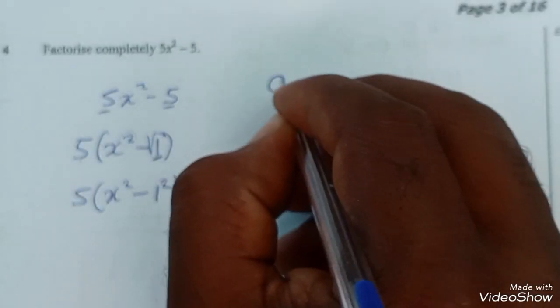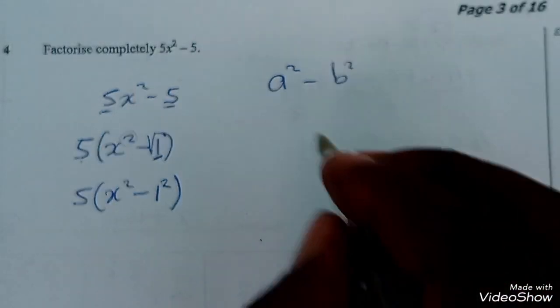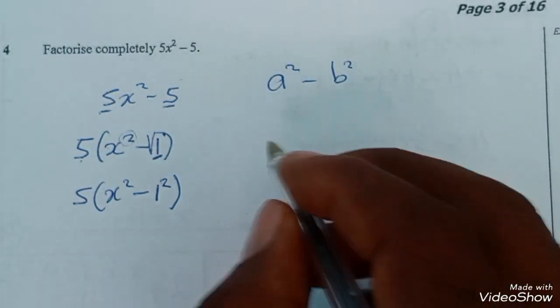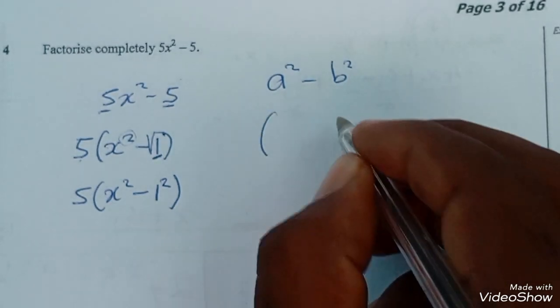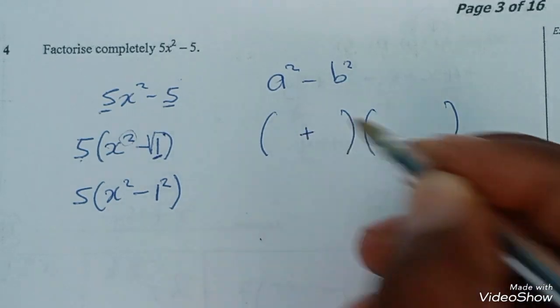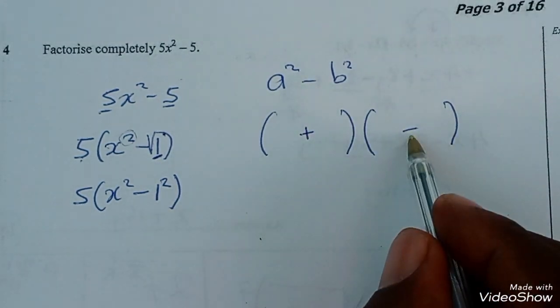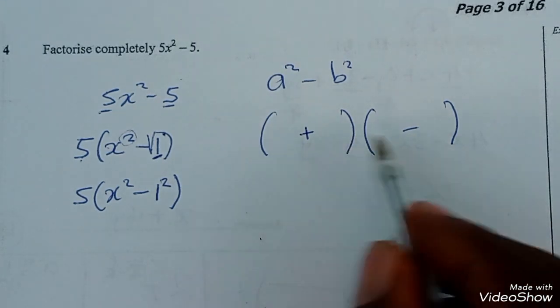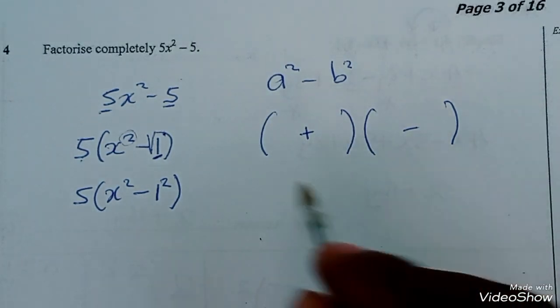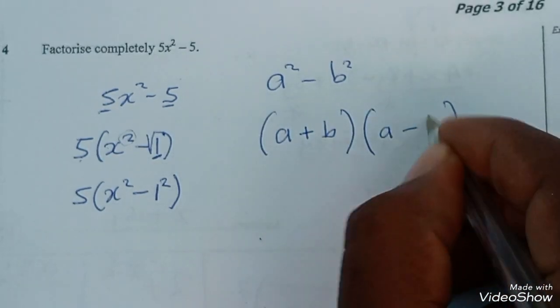So from here, we will introduce the difference of two squares method. Remember the formula, you have a squared minus b squared. You introduce two pairs of brackets: a plus b, a minus b.